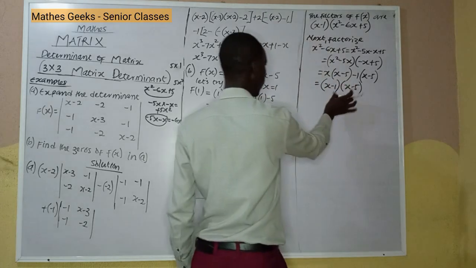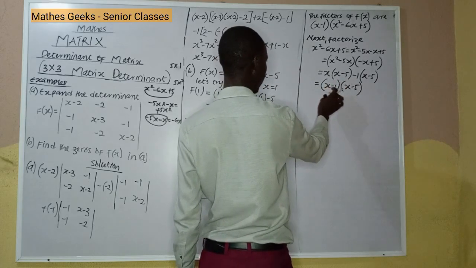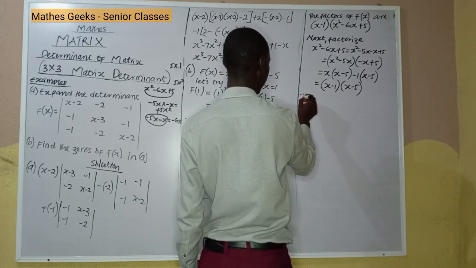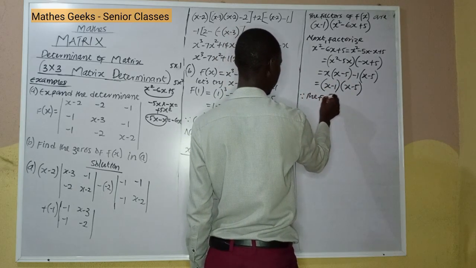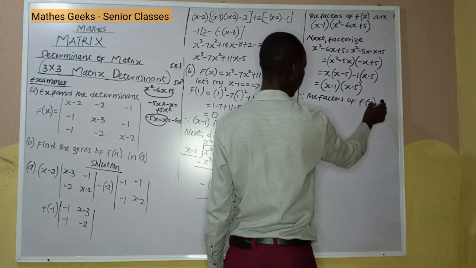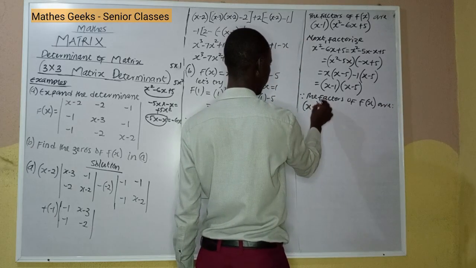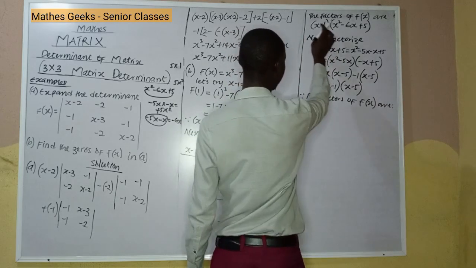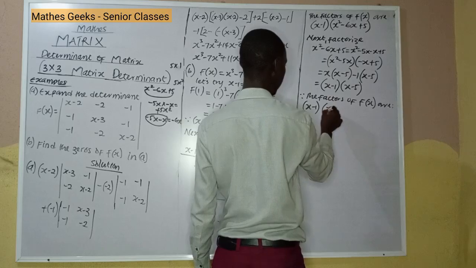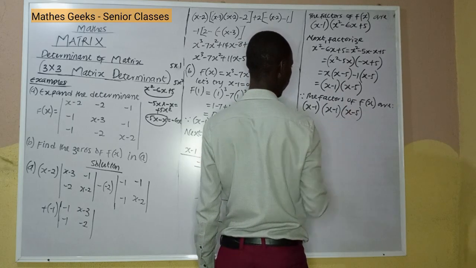So (x minus 1)(x minus 5). So the two factors are x minus 1 and x minus 5. Therefore, the factors of f(x) are x minus 1, x minus 1 and x minus 5.